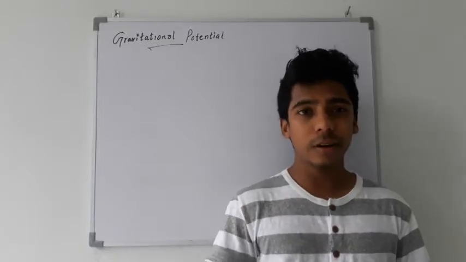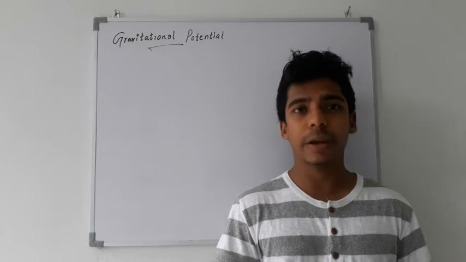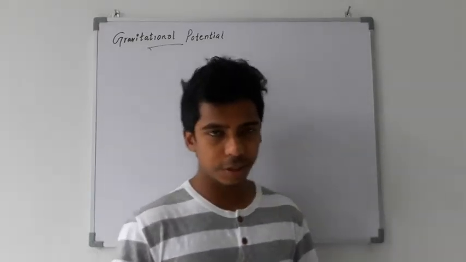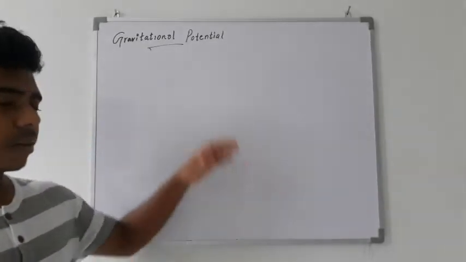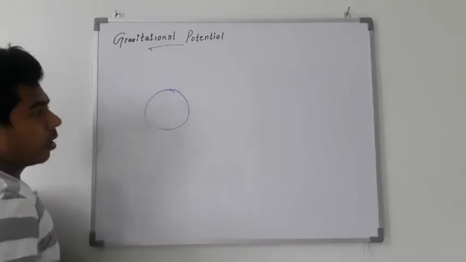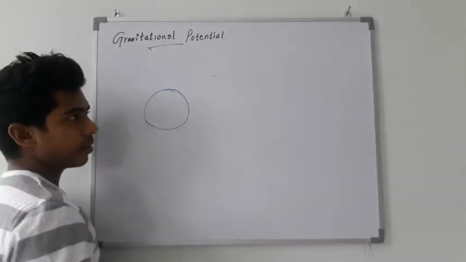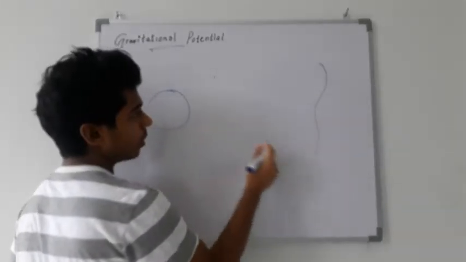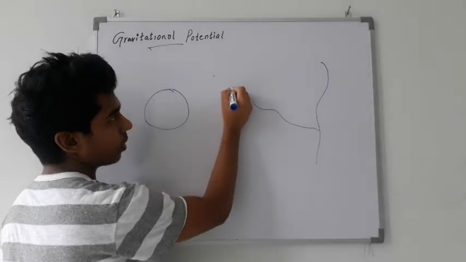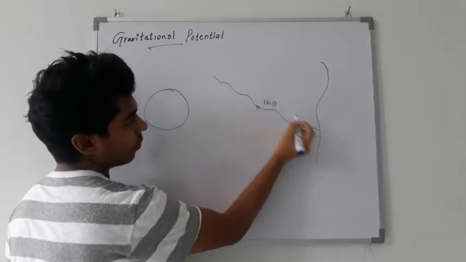The amount of work done by the gravitational field in bringing a unit mass to a point in the field from infinity is defined as the gravitational potential. Okay, so if I consider a gravitational field due to this mass, the gravitational potential at this point is defined as the amount of work done by the gravitational field in bringing a unit mass, that means 1 kilogram, from infinity.